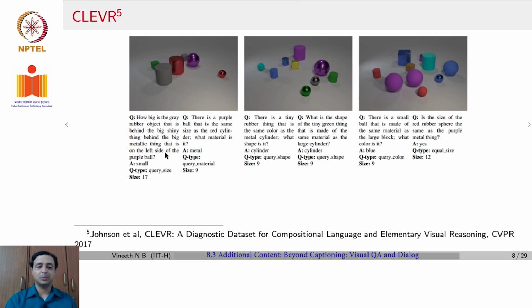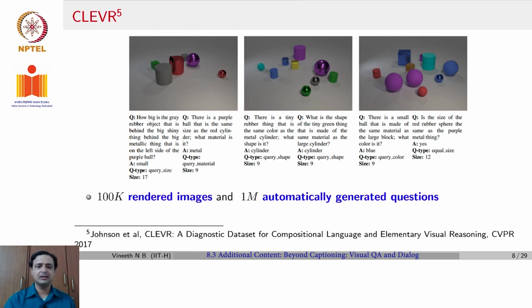That sounds like a complex question, but one reason we are talking about this is the gray object at the back. This particular one is what we are talking about, and one has to ideally understand several subparts of the question to be able to answer such reasoning questions.